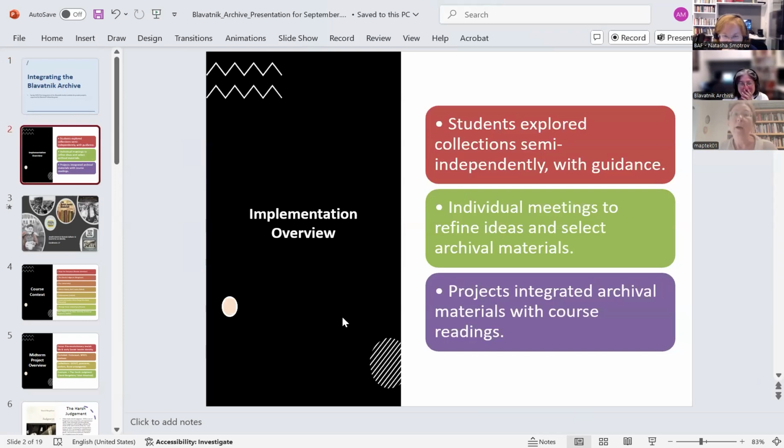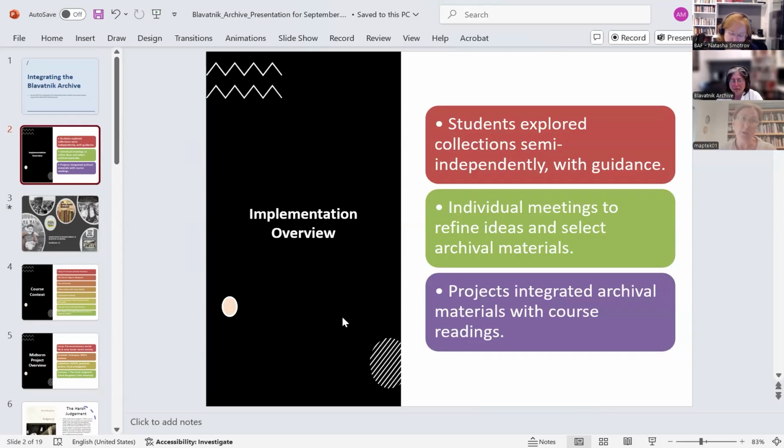Implementation overview. It's also important that I learned about the archive basically a month before I started the course, and I received the grant with full access to the archive only in March. So at that time I mostly didn't use the materials in my lectures, but in the student projects where they had to work independently.